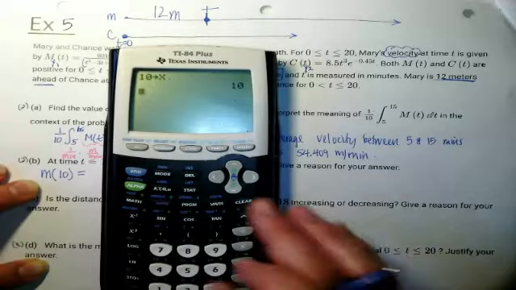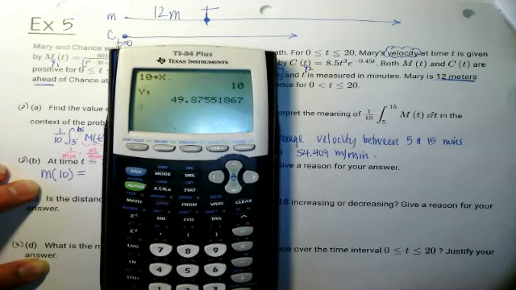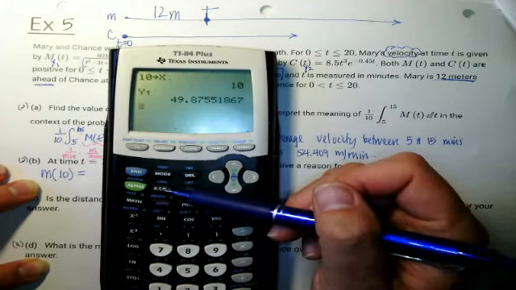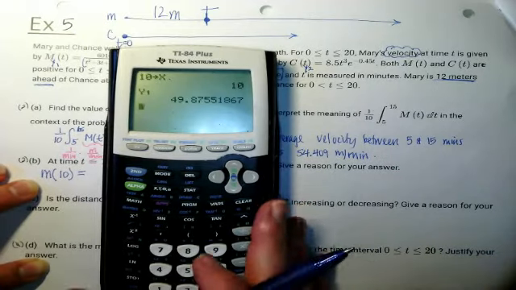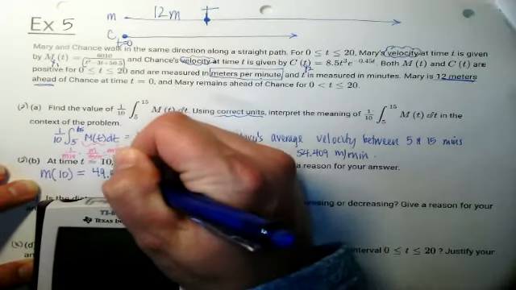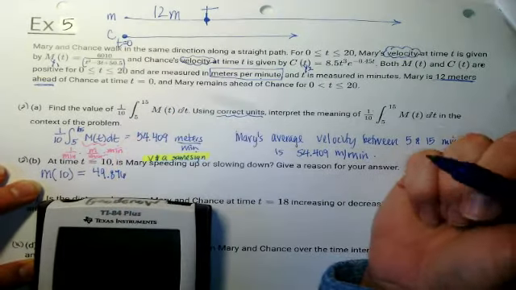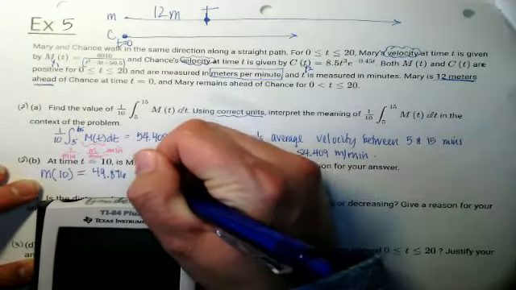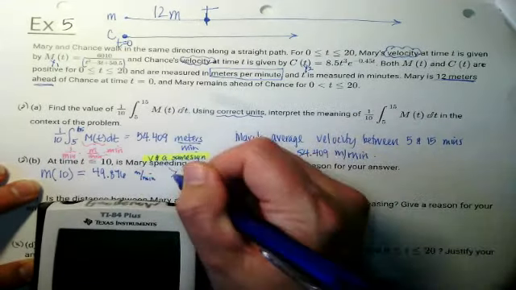And then if I take my y1 equation, it's going to evaluate it at 10, because it takes the x value that was last stored and just plugs it into the equation for you. Isn't that cool? Oh my God, my mind is blown. 49.876. What are the units on this? This is velocity, meters per minute. This is a positive number, greater than 0.